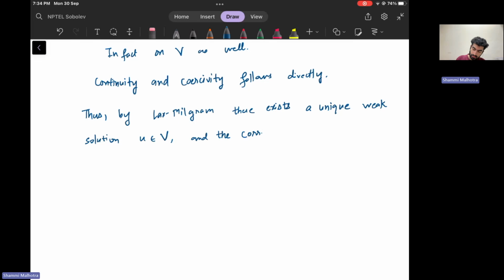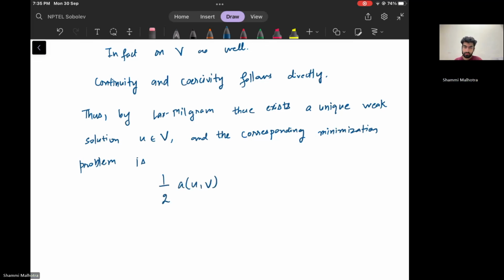and the corresponding minimization problem is, however, half of a(v,v) minus whatever we have in the right hand side. So it's like integration 0 to 1 f times v minus k times v(0).